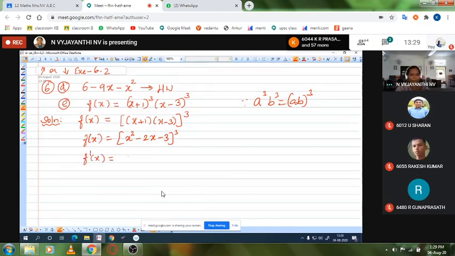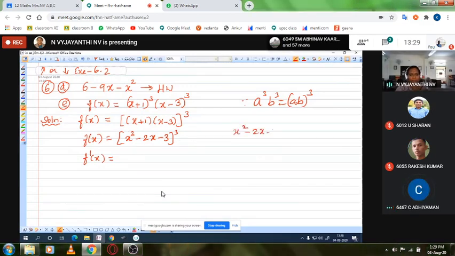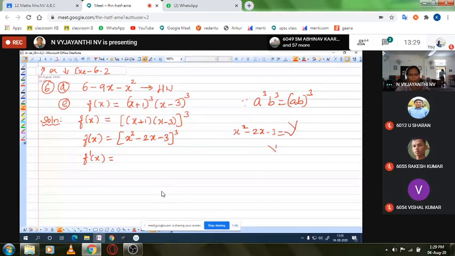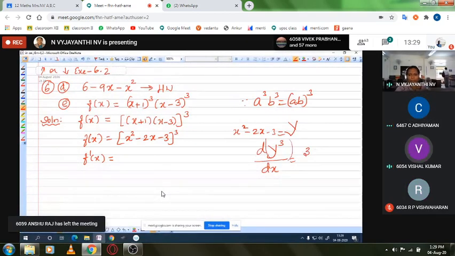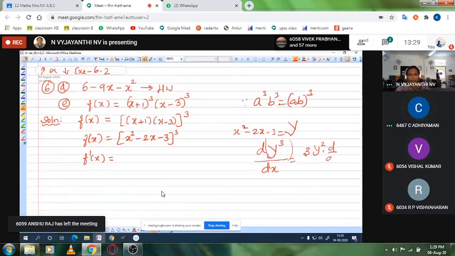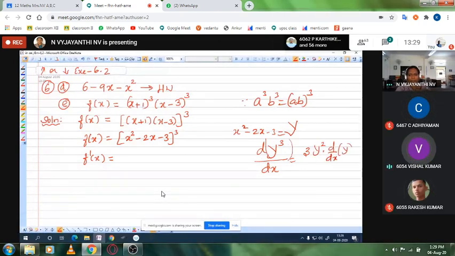Differentiate. How to differentiate? Shall we take this x square minus 2x minus 3 as some y? So how to differentiate y cube? 3y square into y dash, that is 3y square into dy by dx.